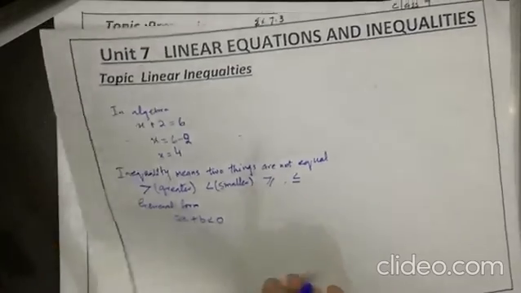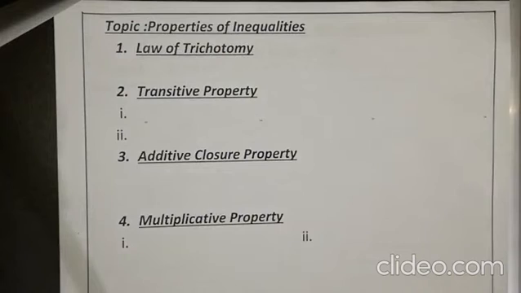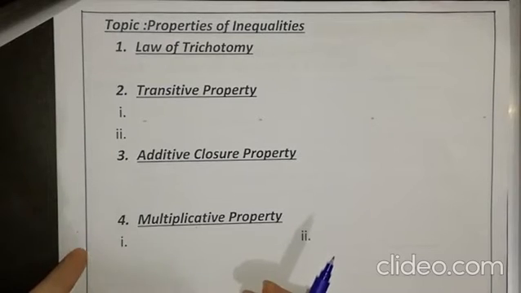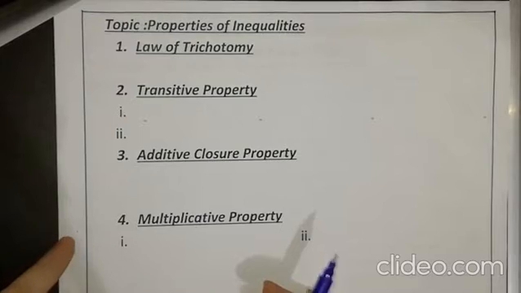After this topic, we have some properties of the inequalities. These are very important properties of inequality, and for solving inequalities we will apply these properties in the questions. Law of trichotomy.